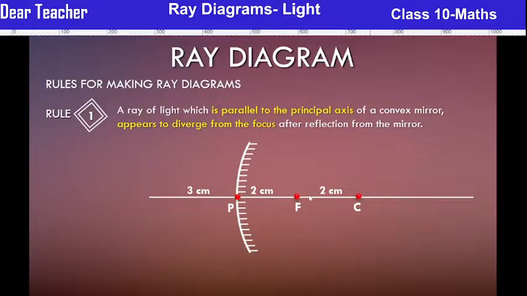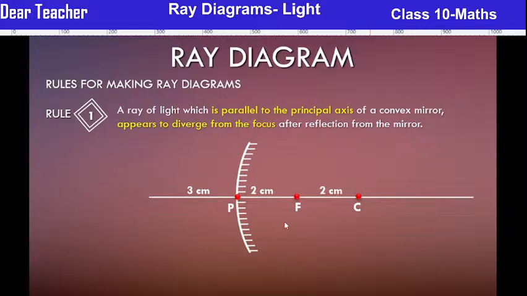As the principal axis is always a number line, P is 0, left side of P is always negative, right side of P is always positive. So here the focal length is negative. Focal length is the distance between F and P. Here the object we are going to keep at the back side, so the object distance will be negative.